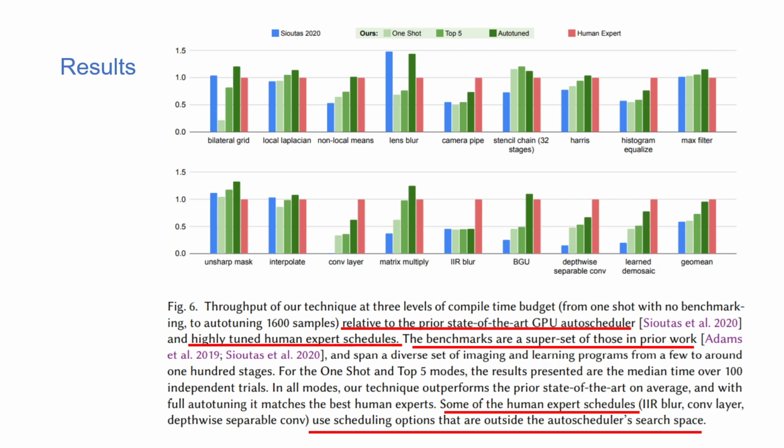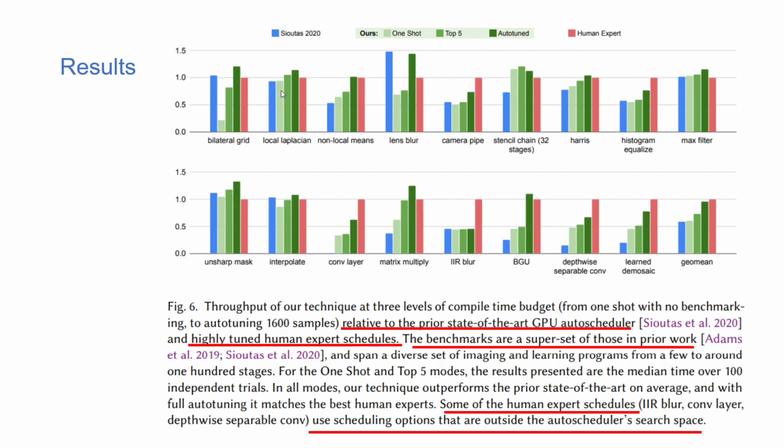So the question is, the one that can match in terms of compilation time, by reducing the state space exploration, is the one-shot. It is the one that can compare with Sioutas regarding compilation time. So this one has to beat this one.